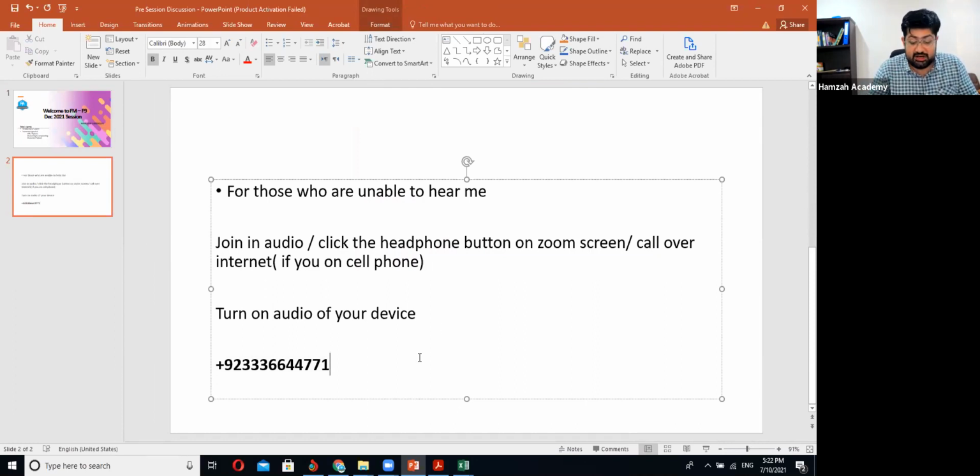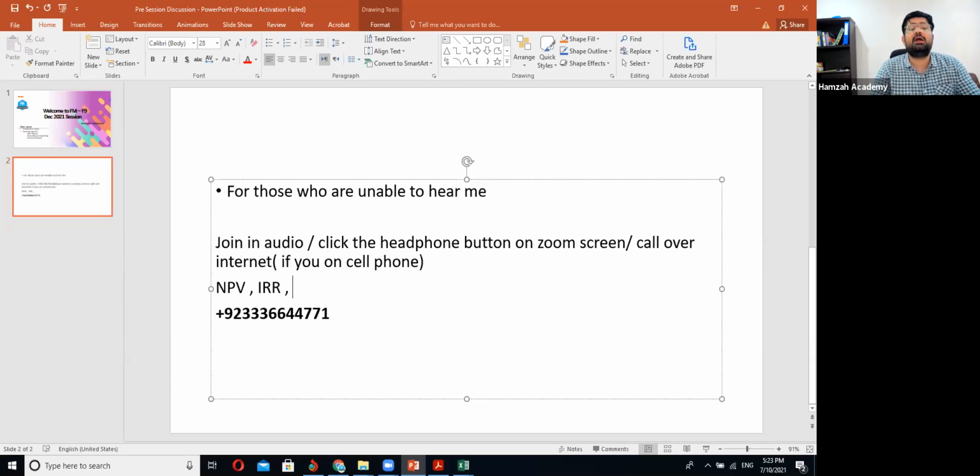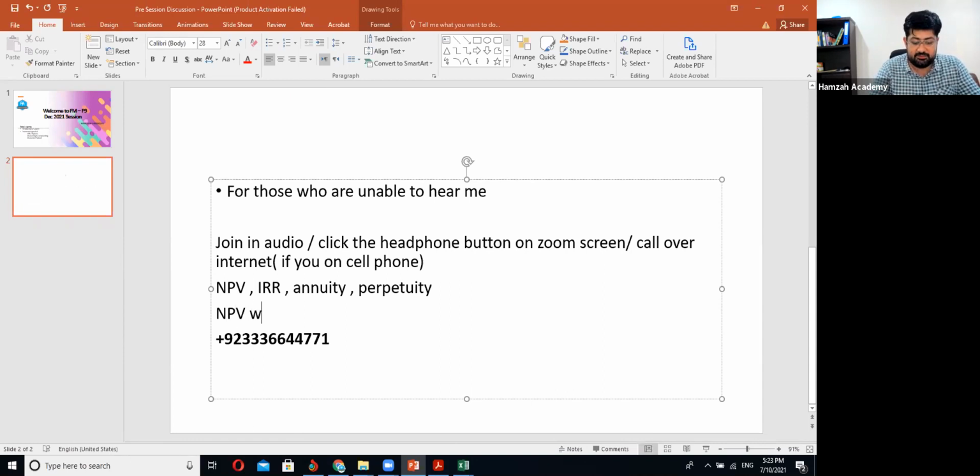Next class agenda is very important. We will be doing NPV, IRR, and let me tell you, annuity, perpetuity, most probably. And if we have time, we will be going for NPV with inflation adjustment and taxation adjustment.